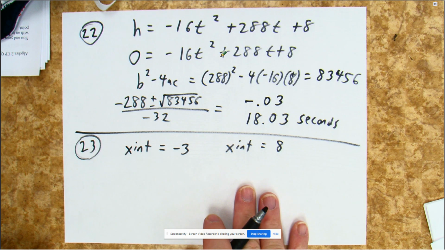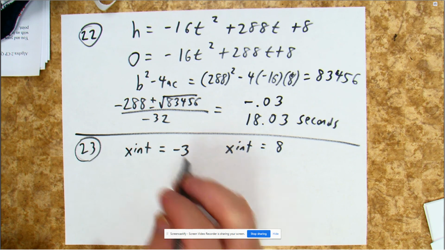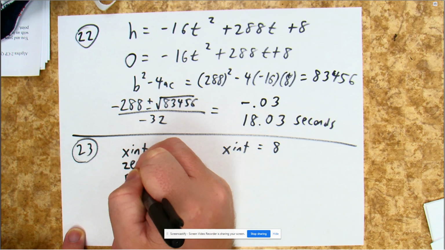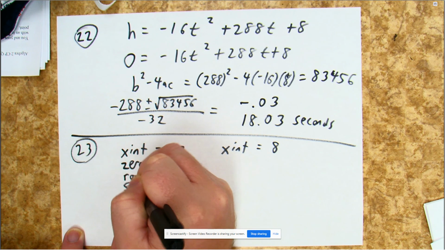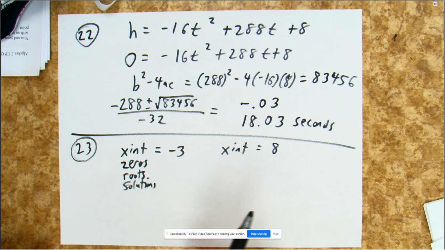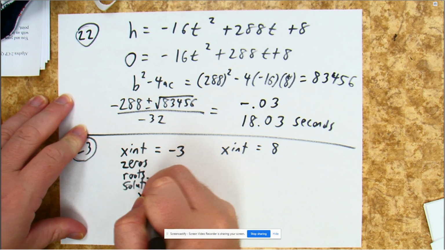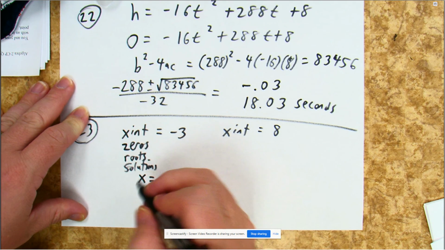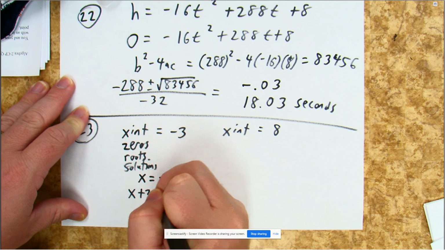Now, if the x-intercepts, which are also known as the zeros, which are also known as the roots, which are also known as the solutions, if you were to work backwards, you would end up with the answer of -3, but then the step before it would be this.